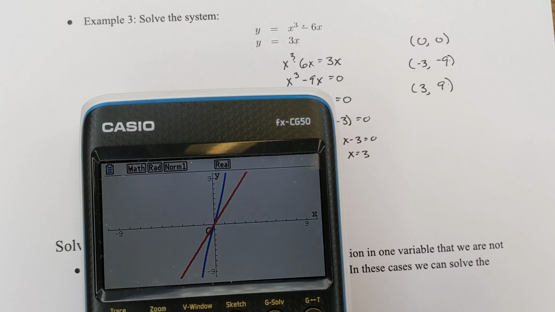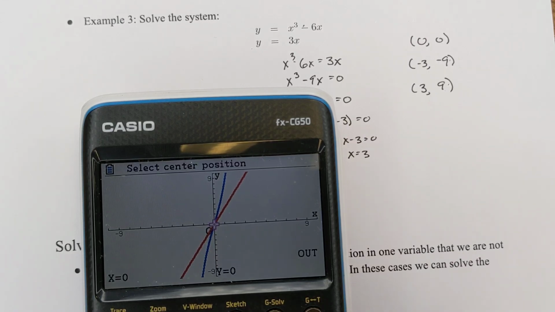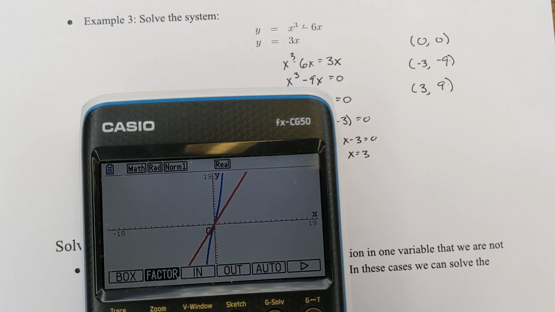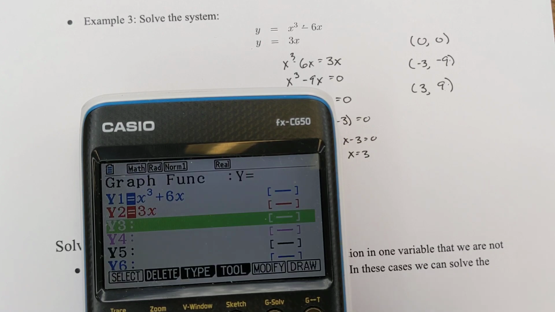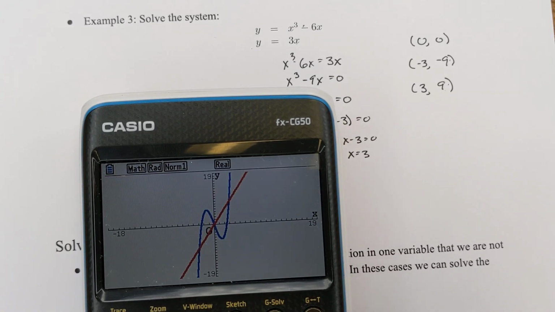No, still doesn't really help. I think there's something wrong with my equations here. Oh, x cubed minus 6x. That's why I'm not getting the right answer. Draw. There we go.